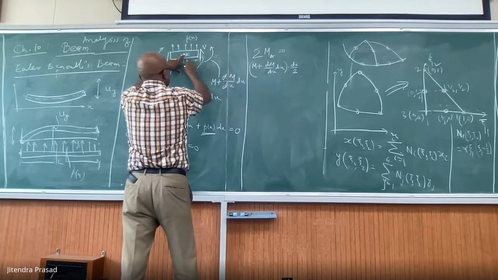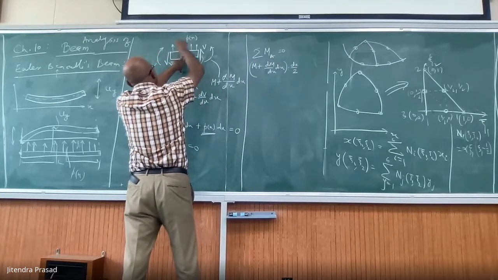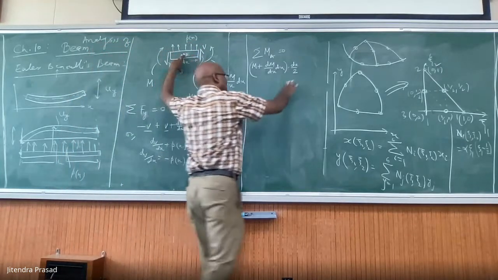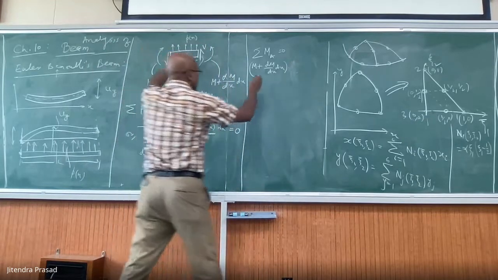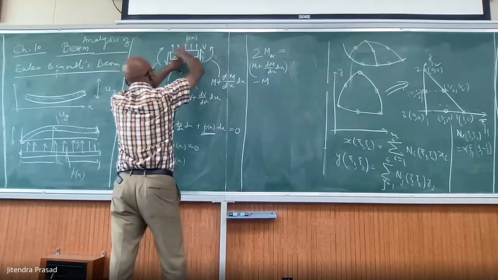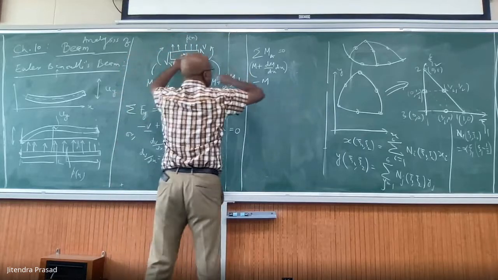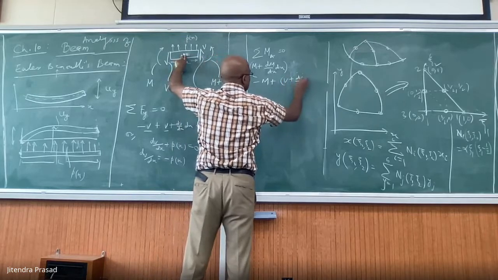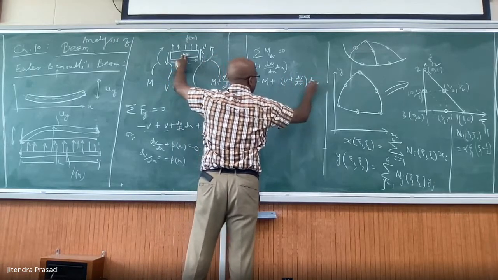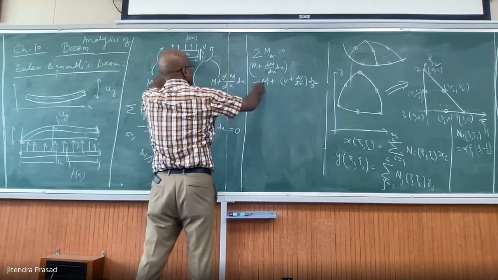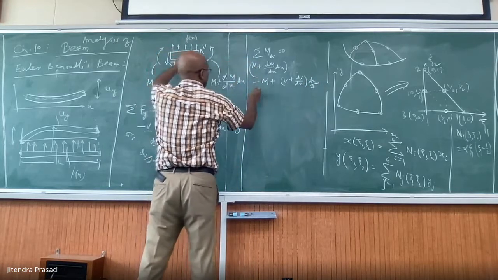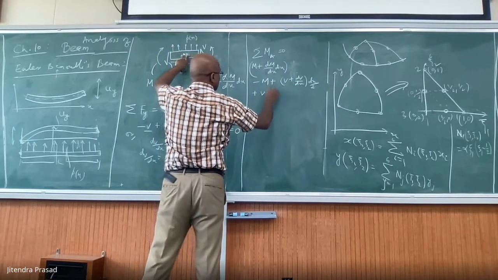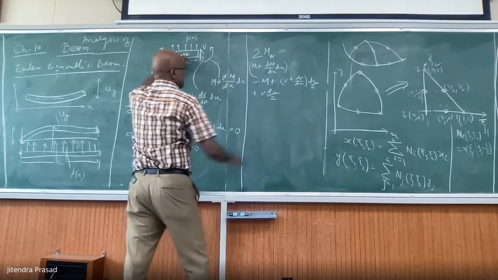Then minus M, this is the already existing moment. So you have minus this one, then you have V, so you have V plus dV over dx multiplied by dx over 2, right? So this is plus, and this is also a plus. Plus you get V dx over 2, right? And that is equal to 0.